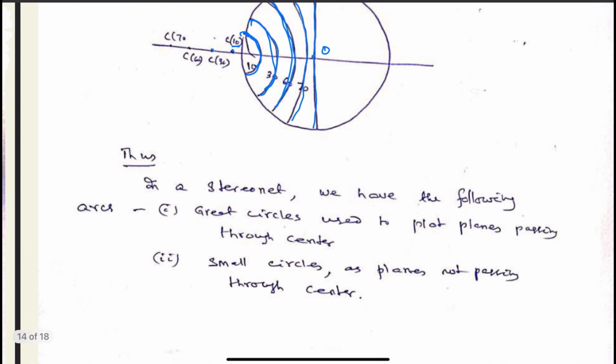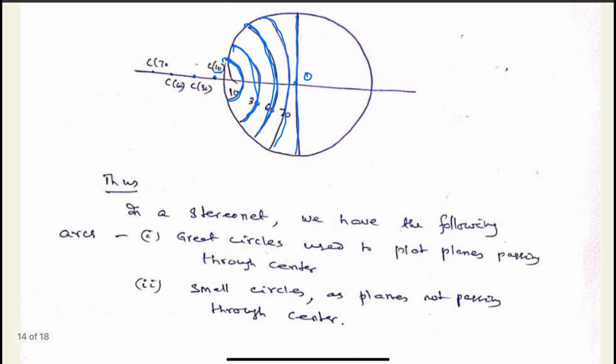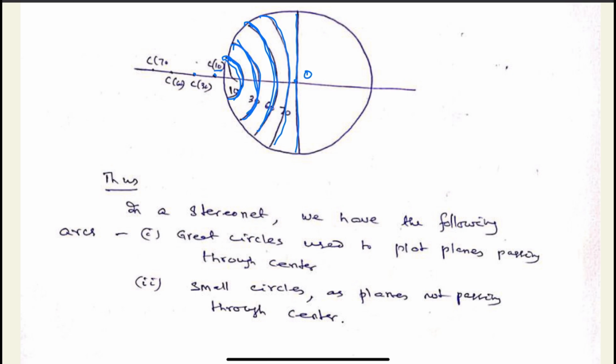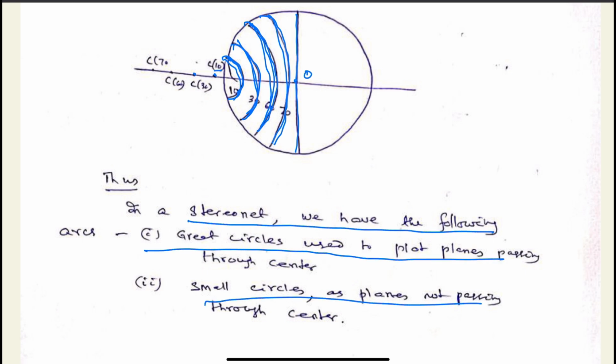Thus in the stereonet, we have plotted the big circles which represent the planes passing through the center of the sphere, and we have plotted the small circles. These are the small circles which represent the planes that do not pass through the center of the sphere. So the stereonet is prepared by taking these great circles and small circles.